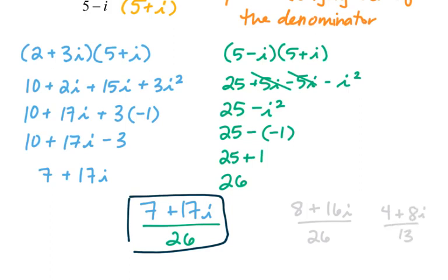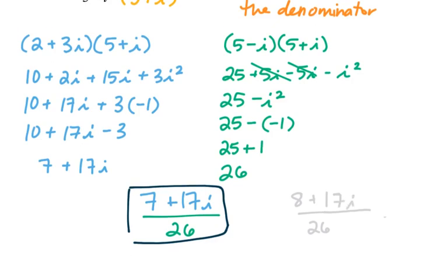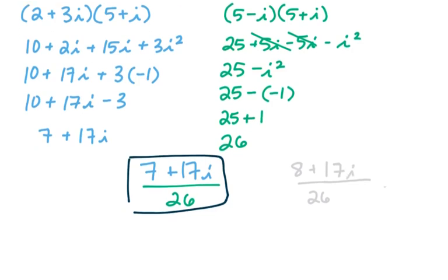So we could simplify something that looked like this. Or even if we had a situation where one was even and say one was odd. So in that situation, 8 over 26 could reduce. We could put 2 into each of those numbers. That's 4 over 13. And then that would leave me with 17 over 26i. Okay, so we could simplify in that manner.